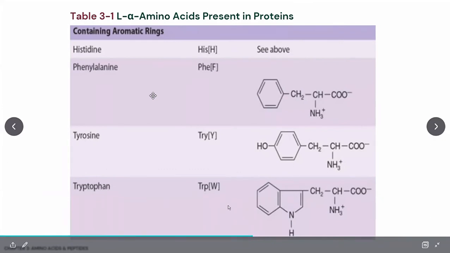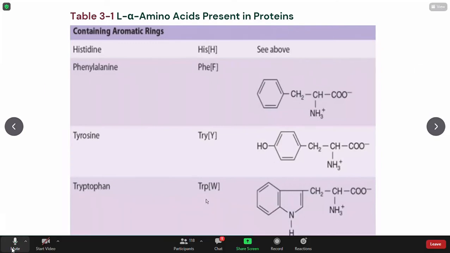So what do you think is the biggest amino acid? This one, TRP.